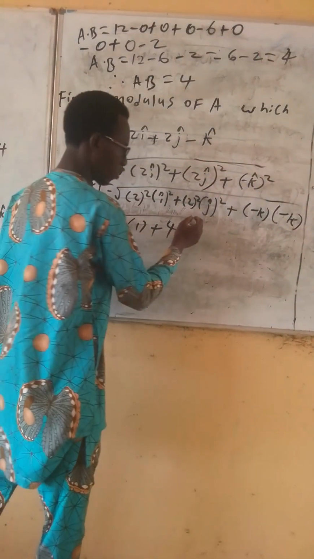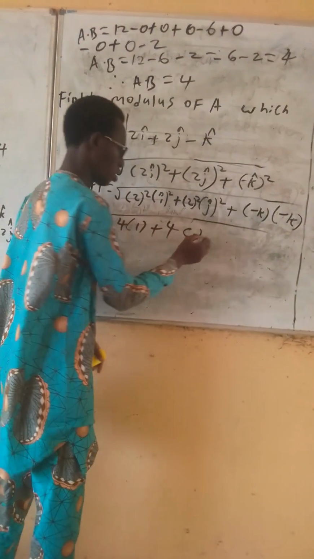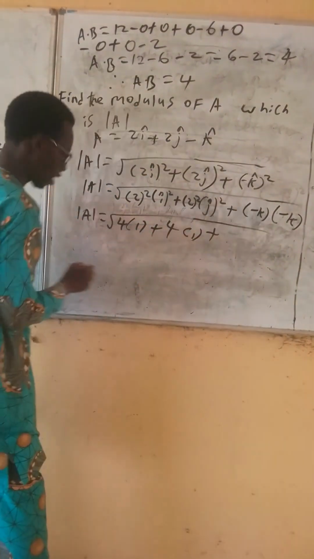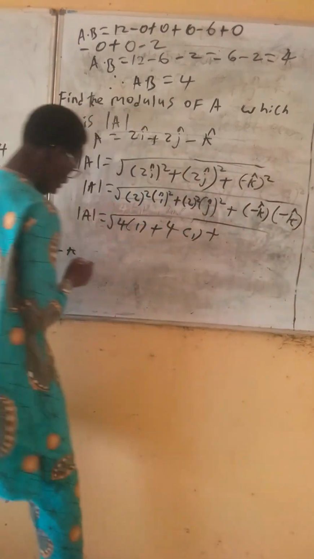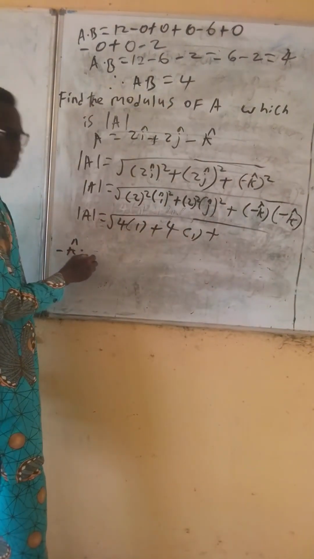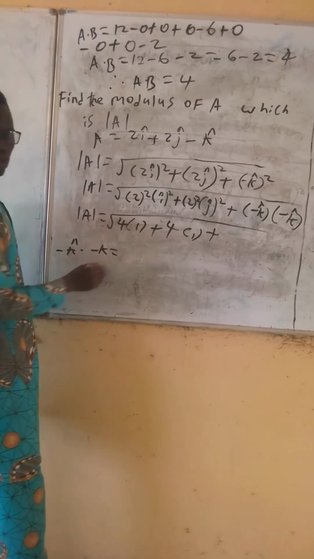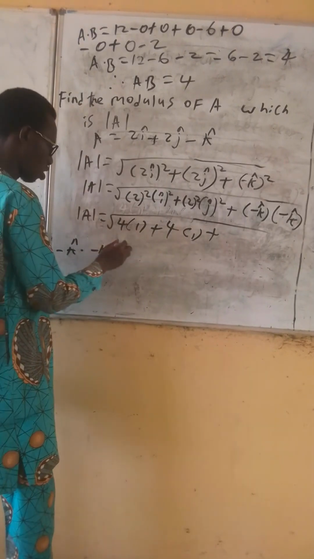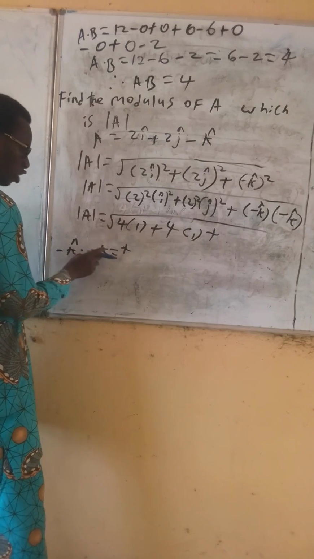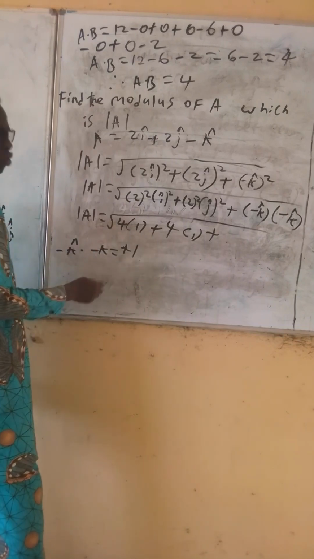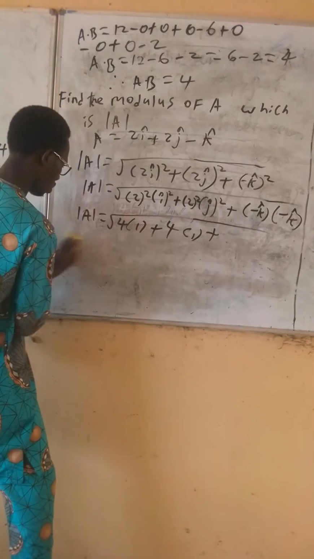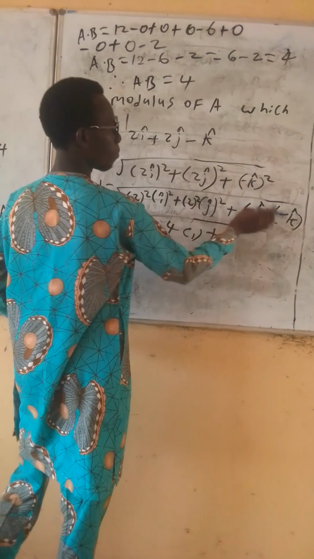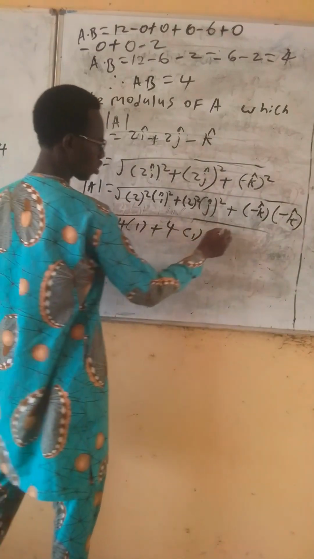So let's proceed further. We have plus minus k vector dot minus k vector, which is minus multiplied by minus, which is plus k dot k, which is 1.